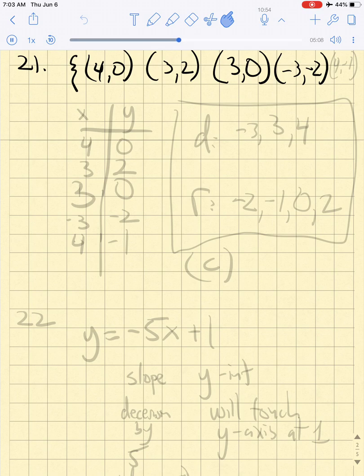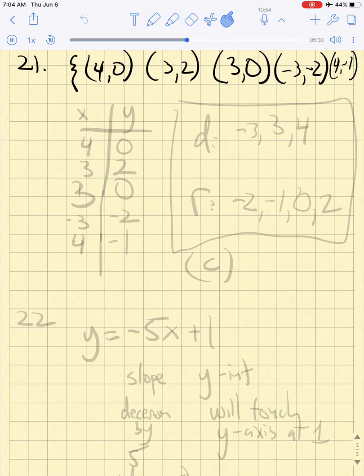The only thing that's different is they give you a chart this time, so you don't have to do the set graph for -1.